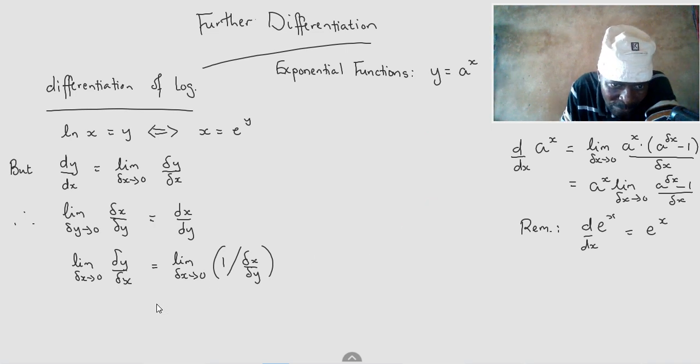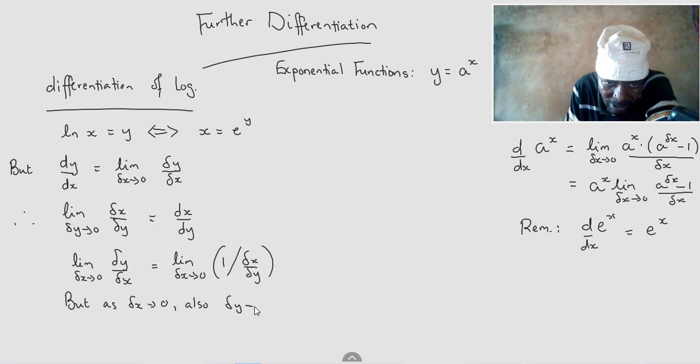So with that in mind, our life is very easy suddenly. We simply say, but as small change in x tends to 0, also small change in y tends to 0. Therefore, instead of small change in x there, I can say small change in y.